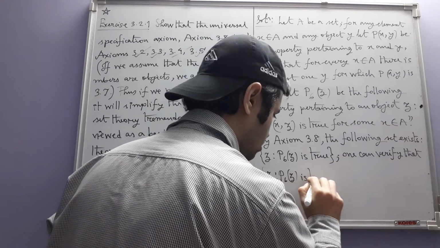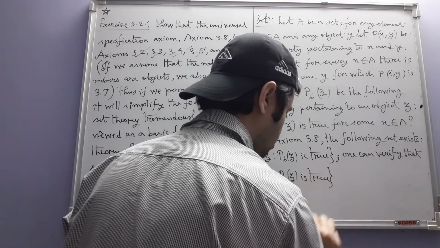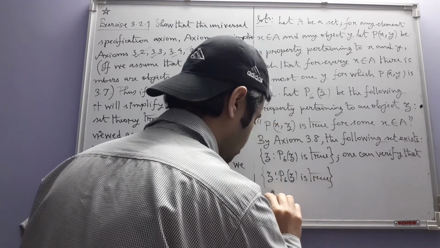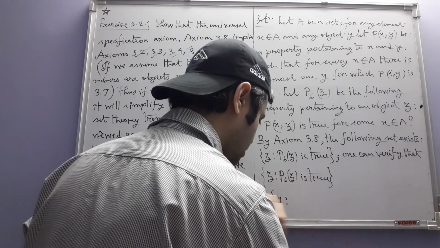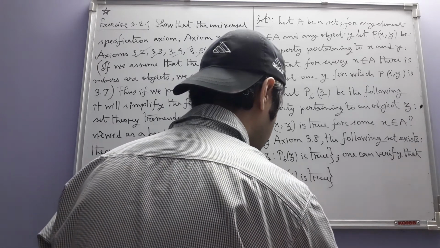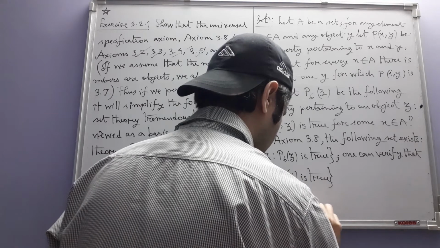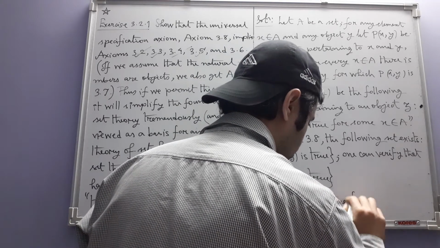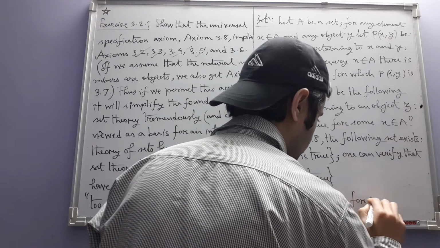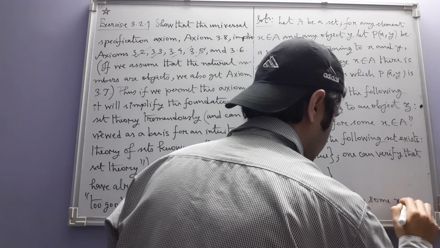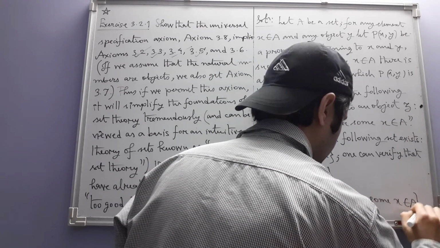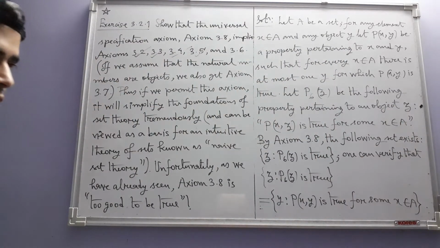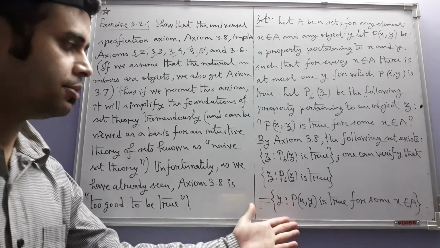The set of all z such that P6z is true is actually equal to the set of all objects y such that Px, y is true for some x belonging to A. It's very easy to see why this is so.